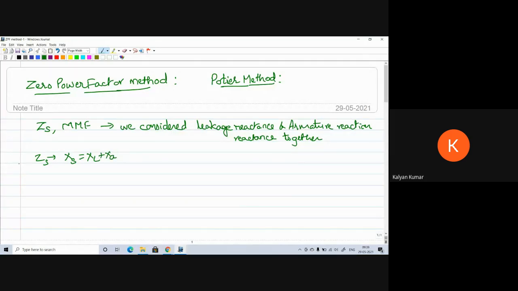And in the MMF method, we have neglected XL. The XL value we have neglected, and the entire drop that takes place in the alternator is assumed to be due to armature reaction only.